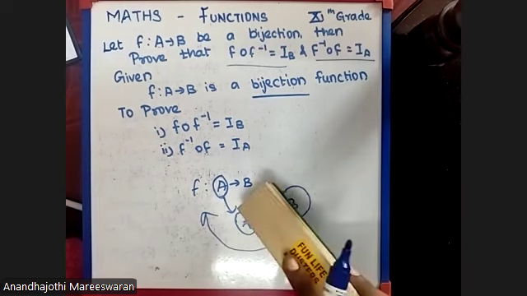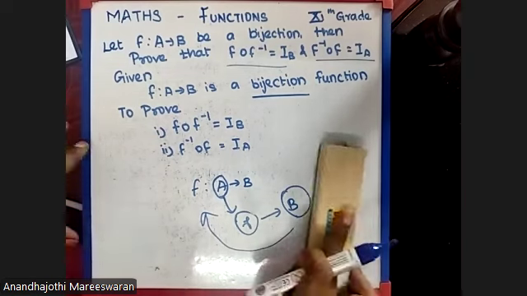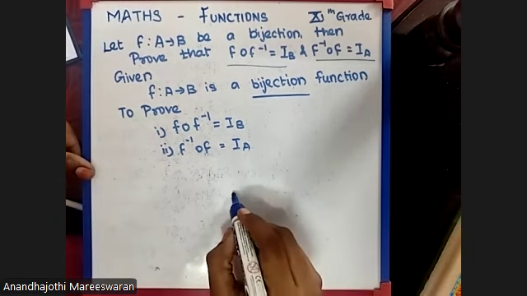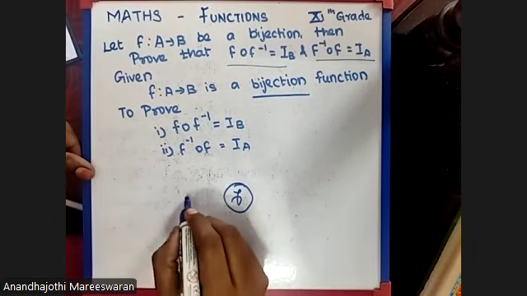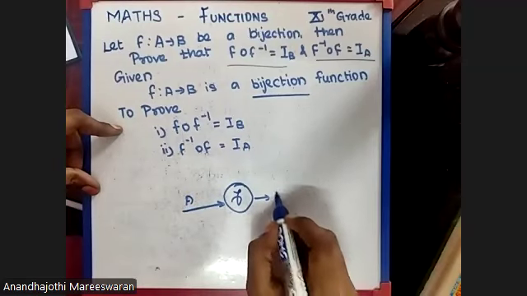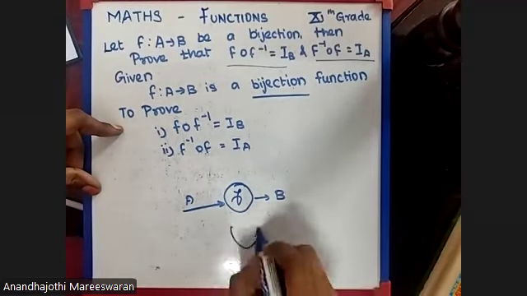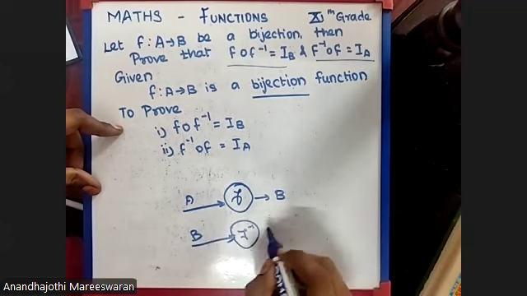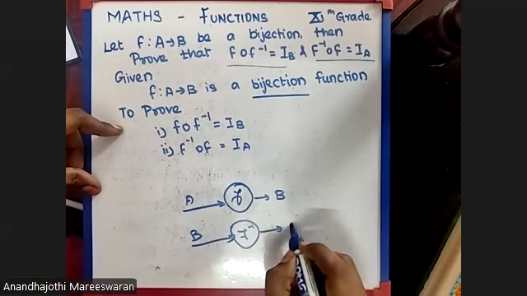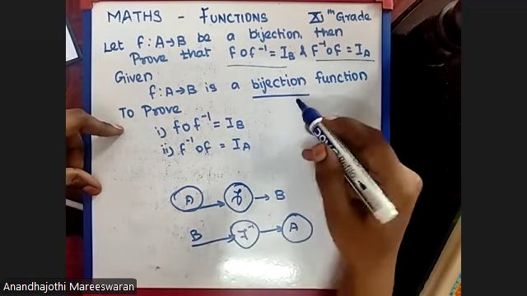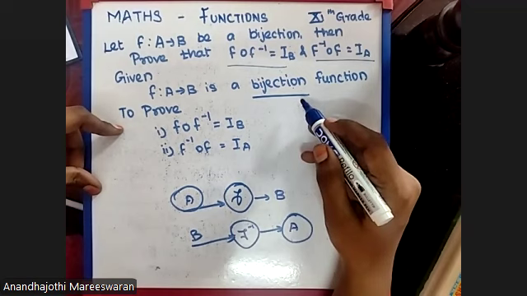Okay, so we can draw like this. It's a function. If we give A as an input, the output will be B. If we inverse it and give B as an input, and the system produces the initial input A, then it will be considered a bijection, right?